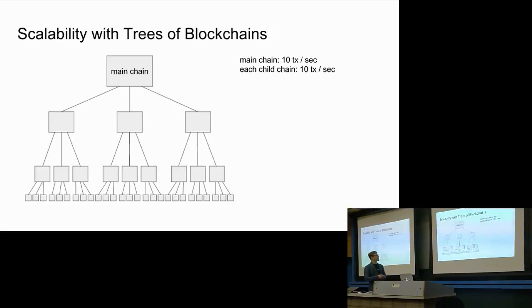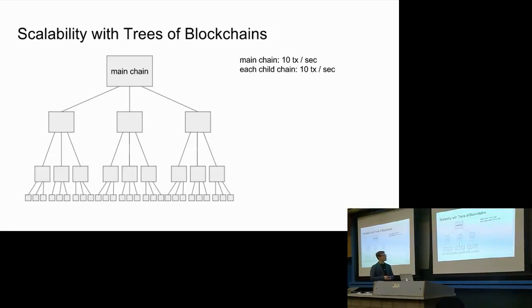Okay, and how well does it scale? So let's assume the main chain and also each child chain has 10 transactions per second. This is roughly the bandwidth of Ethereum and Bitcoin. We already talked about the overhead that comes with moving tokens around and also committing the state hash and probably also objections and resolving these objections and so on.